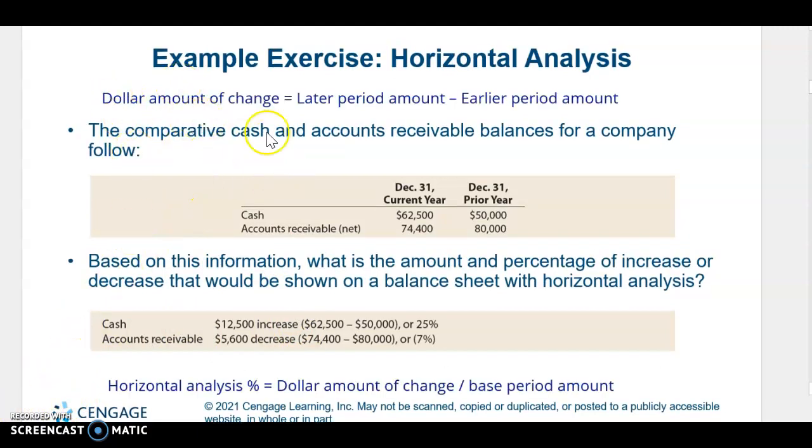Okay, so here we're looking at the cash and accounts receivable balances for a company. And so here is the current year, right here, and then here's the prior year, okay?